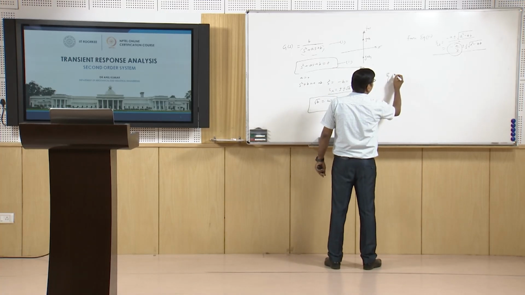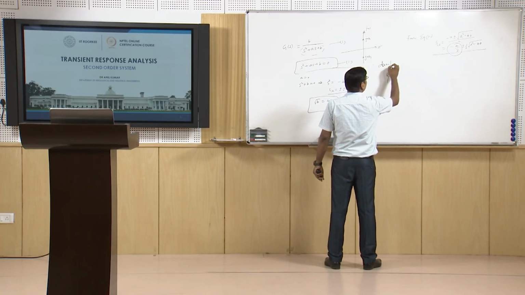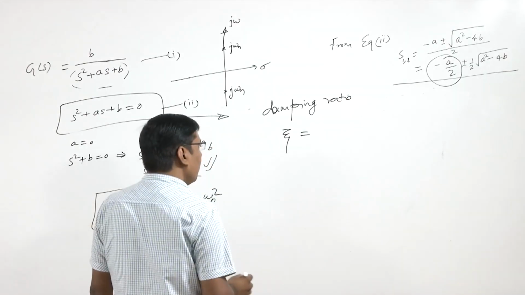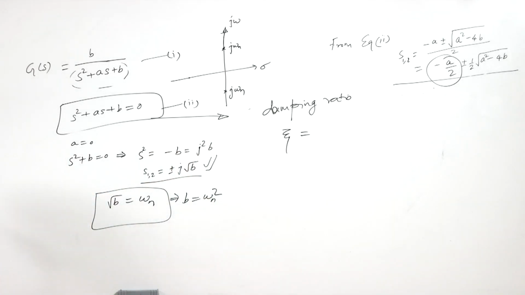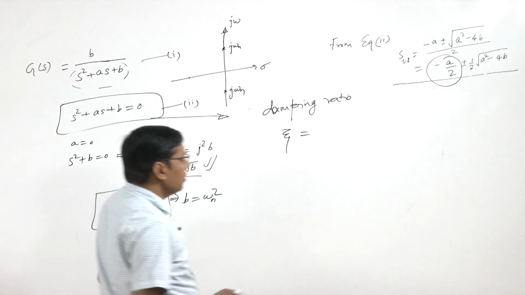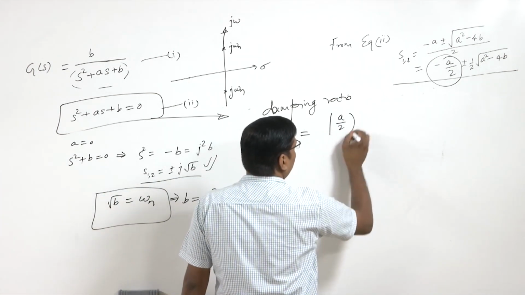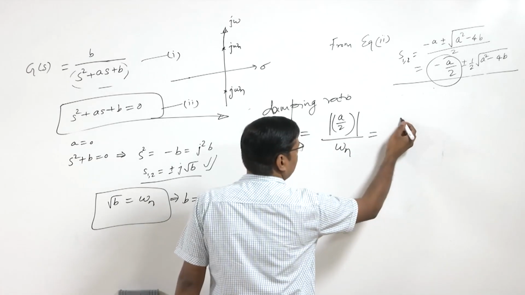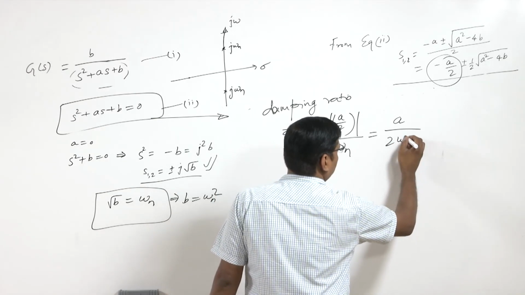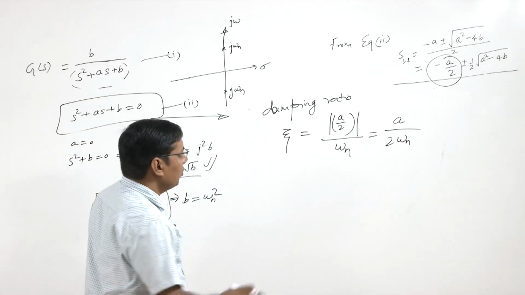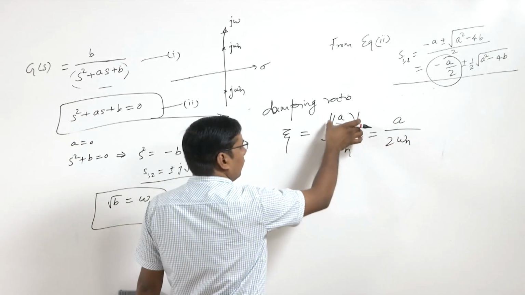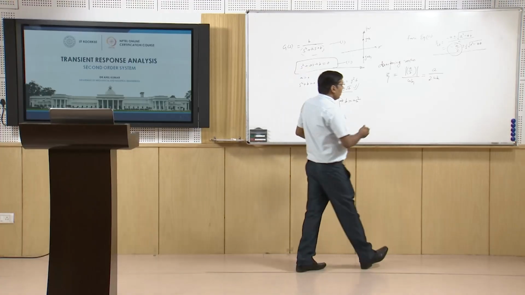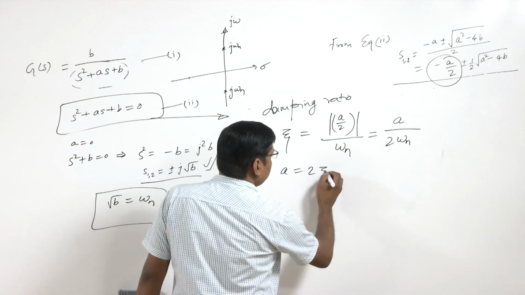The damping ratio is defined as this real part upon the natural frequency, and we get a equal to 2 zeta omega n.